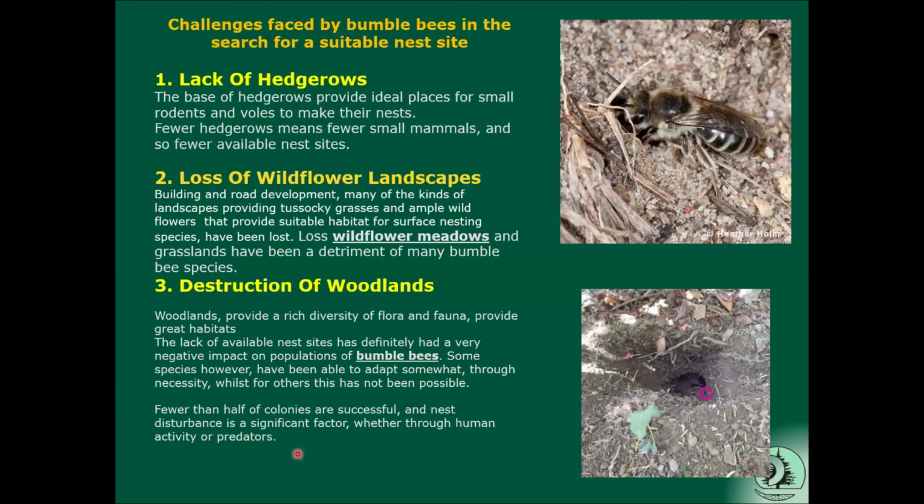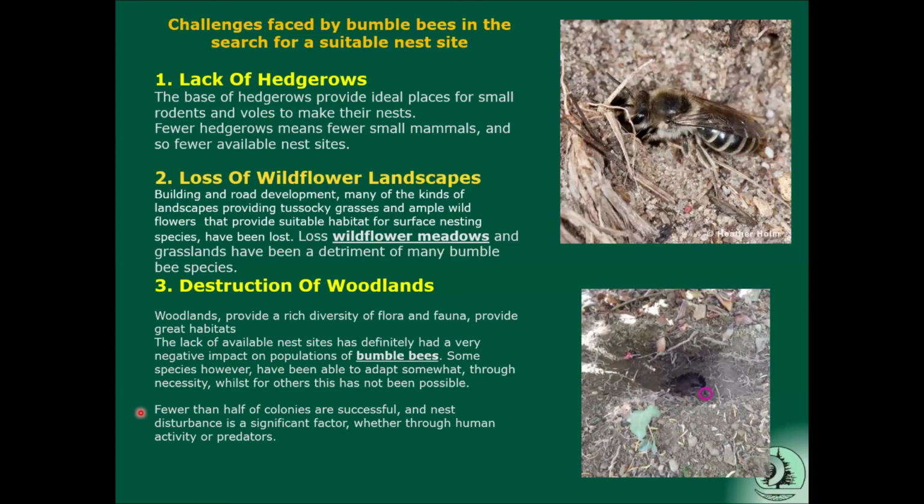One fact that I was kind of stunned to find out is right here. Fewer than half the colonies that are out there are successful due to nest disturbance. Nest disturbance is a significant factor, whether through human activity or predators.